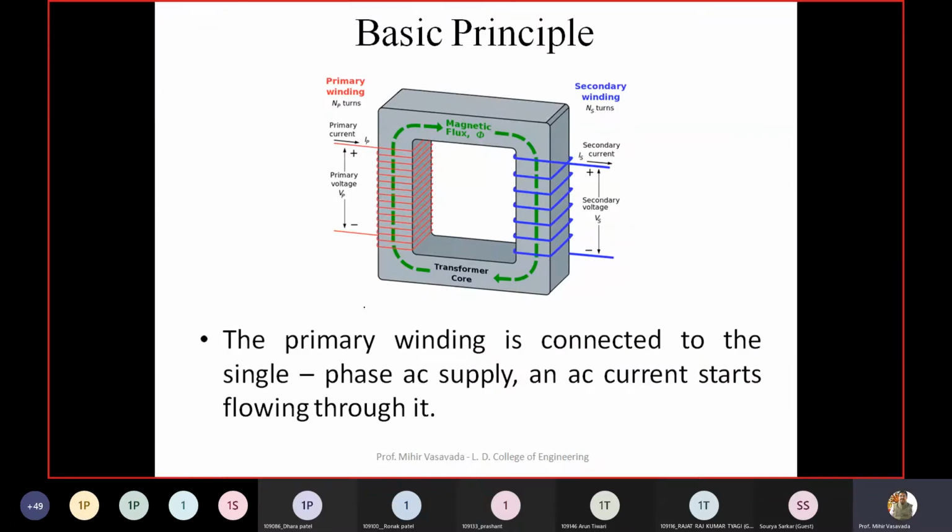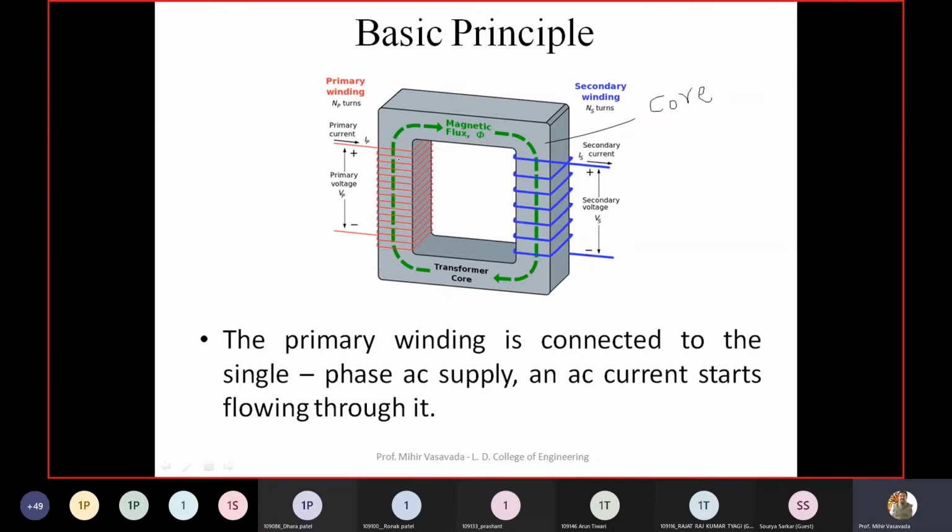This is the basic principle. This we have seen in detail. This I am representing symbolically here. This is a magnetic core, which is made up of magnetic material, right? This core is made up of transformer steel only. The function of the core is to provide a low reluctance path to the flux, right?